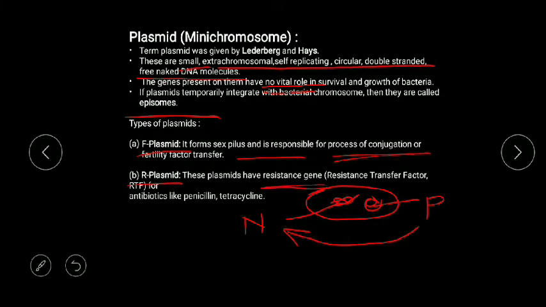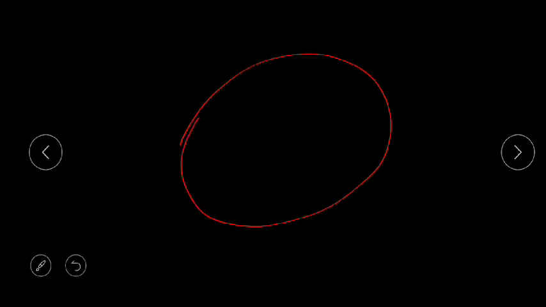We will discuss conjugation in detail. Another type of plasmid found in some bacteria is the R plasmid, which provides a resistance gene. It provides resistance against some antibiotics like penicillin and tetracycline.